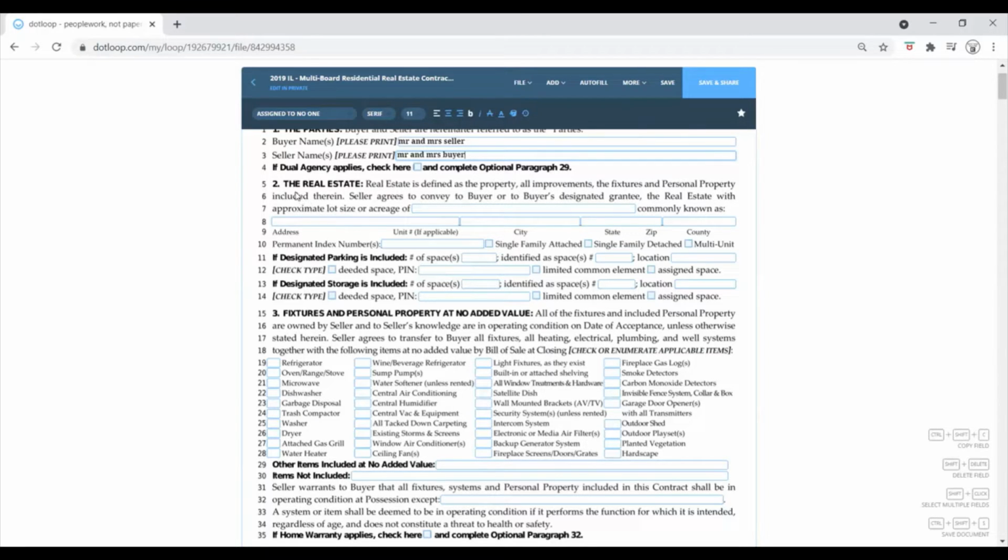Dual agency will never apply if it's your listing, or if you're representing someone in the transaction. KO Realty does not allow dual agency. So if you have a listing and you do want to represent the other party, you cannot, but you can have them sign a no agency form.